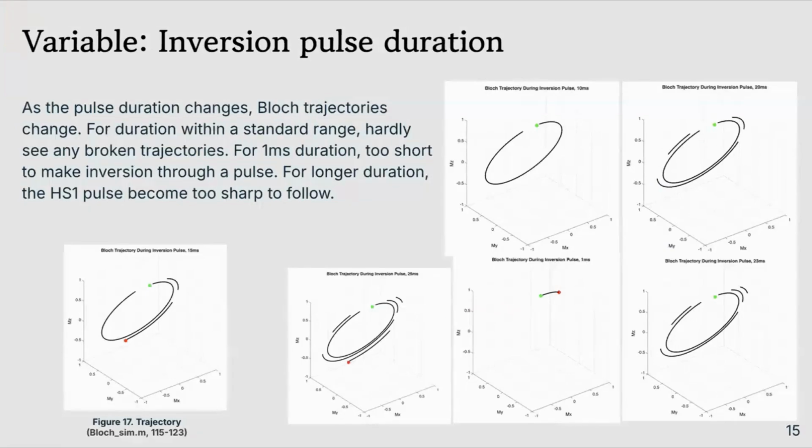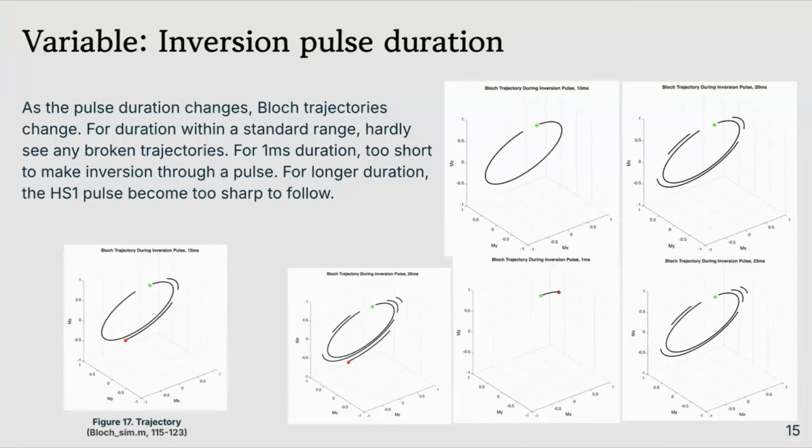So the inversion magnetization doesn't follow the inversion pulse. We also simulate 10, which is within the standard, where we see no broken trajectories and the magnetization was perfect.